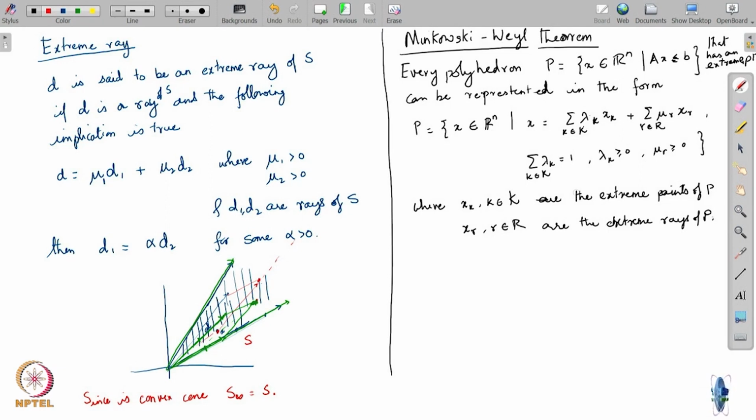Okay. So, what this means is you just take the convex hull formed by the extreme points of the set. Look at also the cone generated by the extreme rays of the set and add the two together. That actually gives you back your polyhedron.